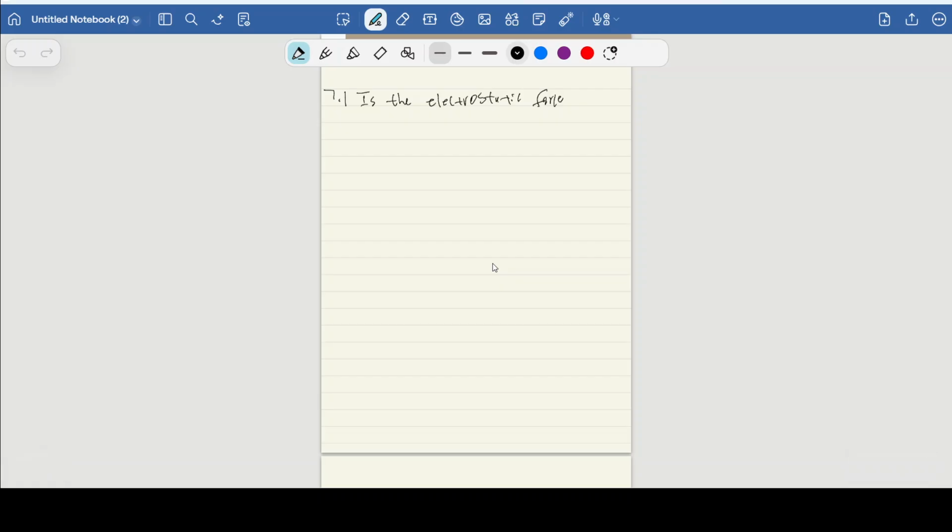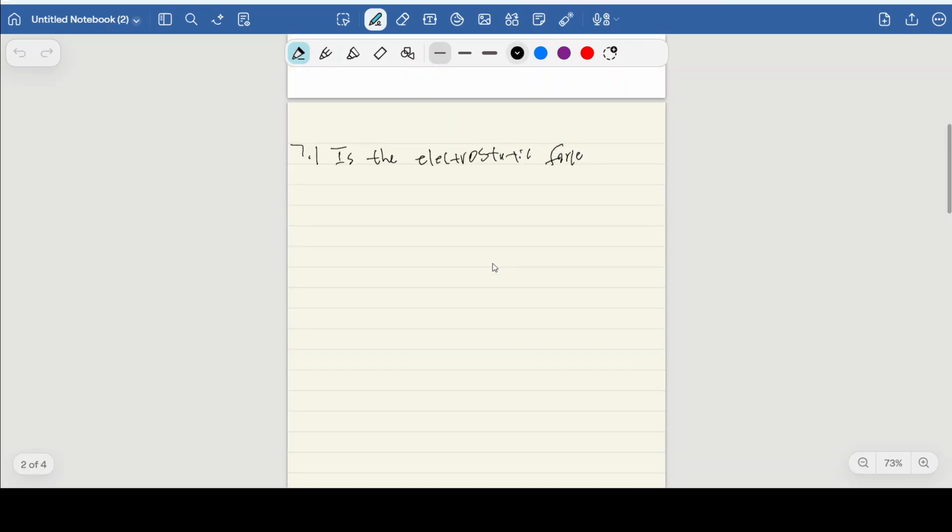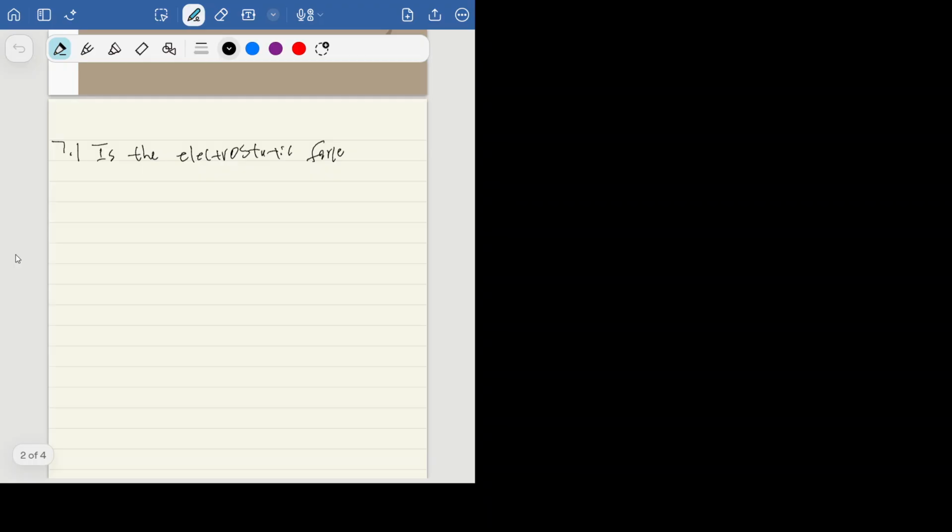All right. So we were explaining the electrostatic force at this specific point, right?